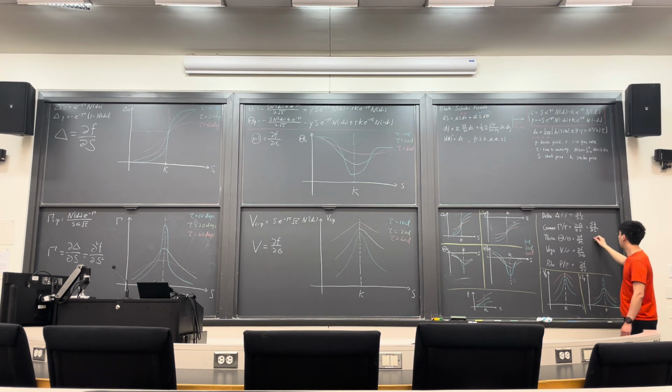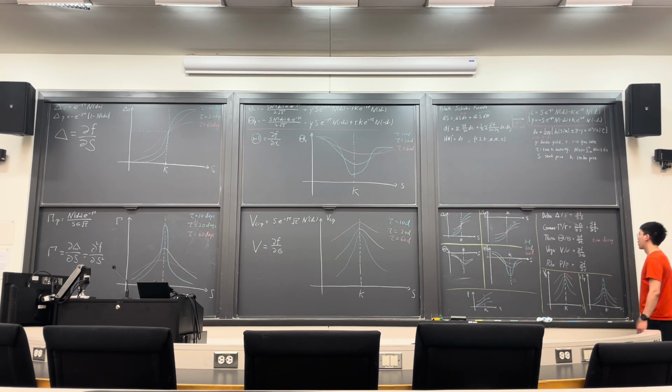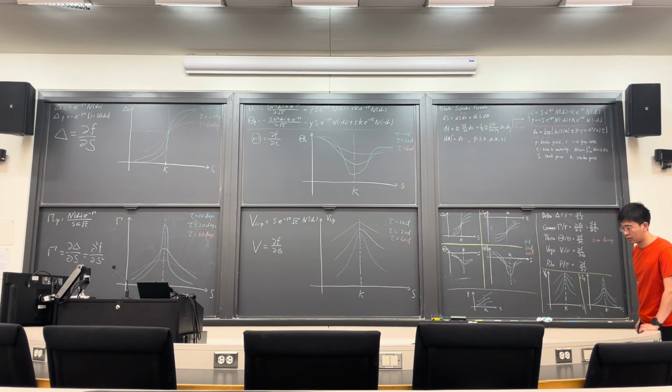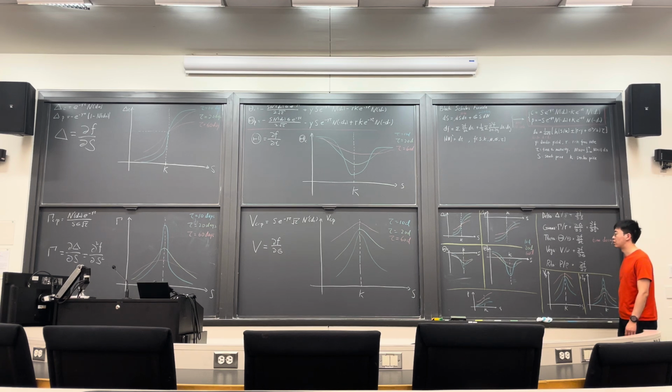Theta is also called time decay. Pretty much it's how much the extrinsic value will lose over time. Vega is the sensitivity to volatility. Rho is the sensitivity to interest rate.